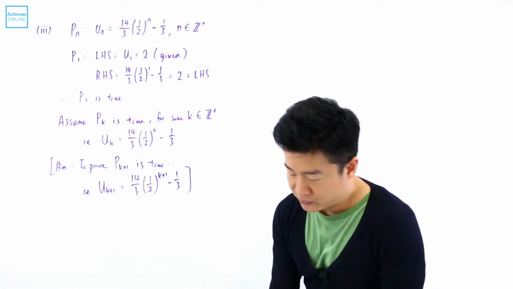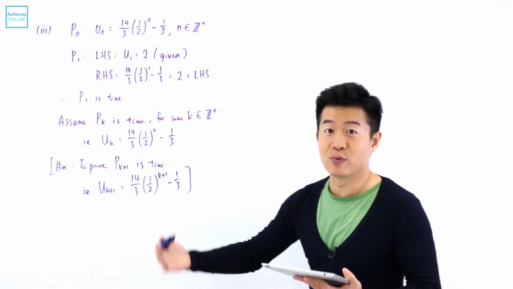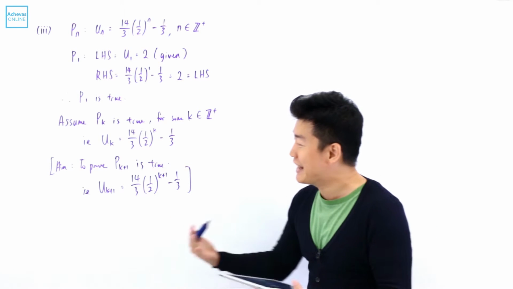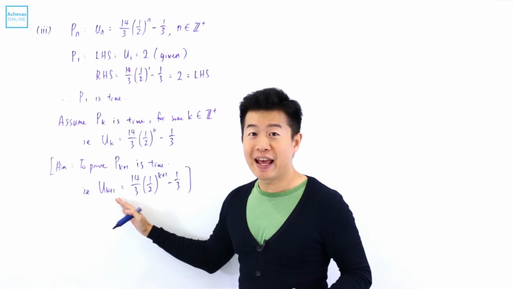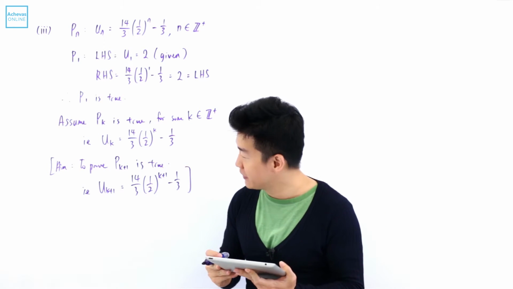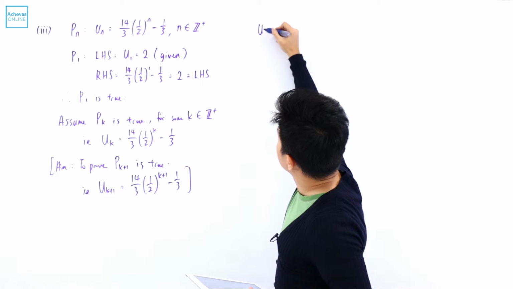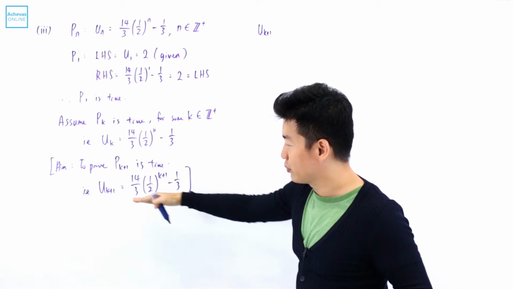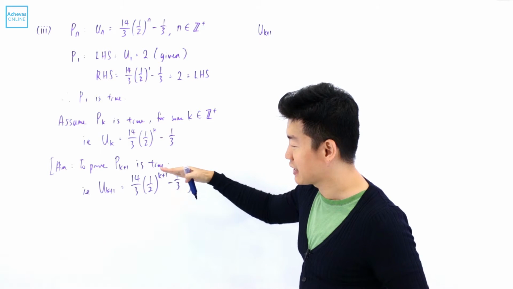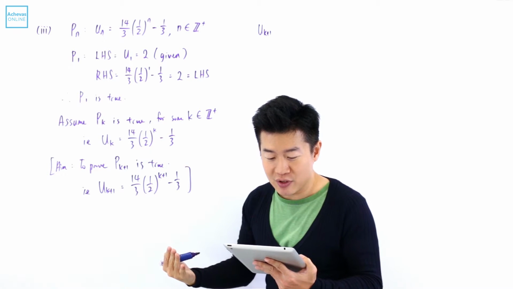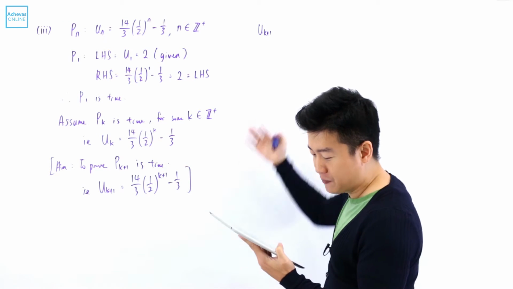In order for me to prove this, I'm going to make use of the recurrence relationship, to bring in the expression of Uk into the Uk plus 1 equation here. Looking at the left hand side of this, it is Uk plus 1. I'm going to try to prove that it is the same as the right hand side, making use of the recurrence relationship that is given to me by the question.